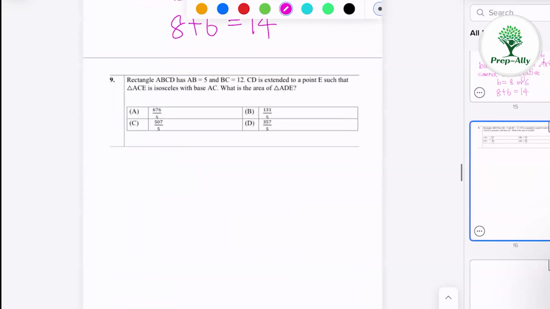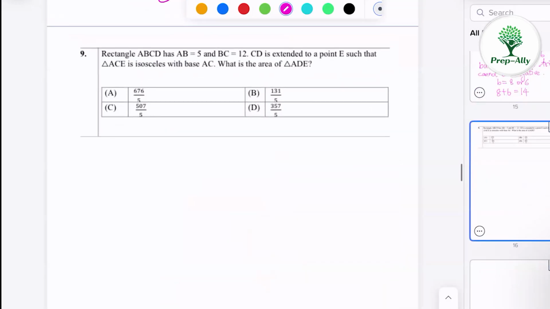Right. Let's look at question number 9. Now, rectangle ABCD has AB 5 and BC 12.